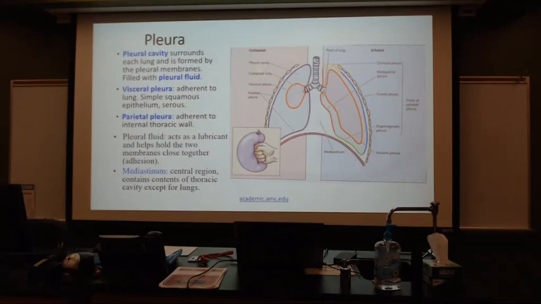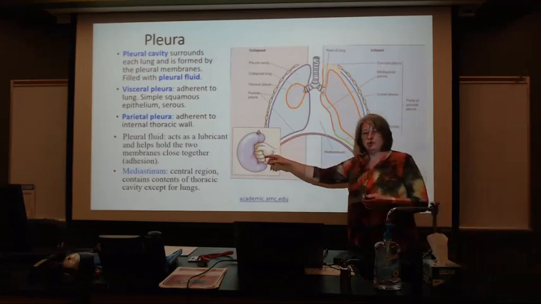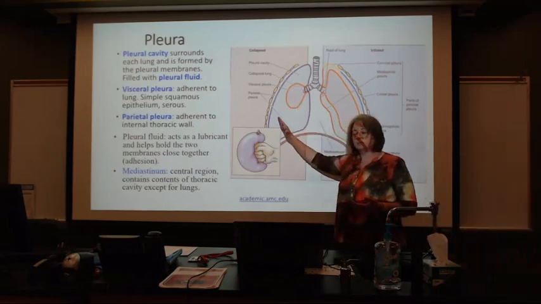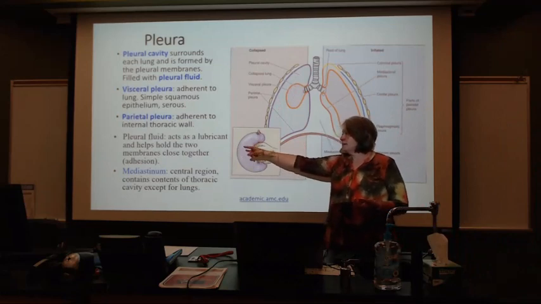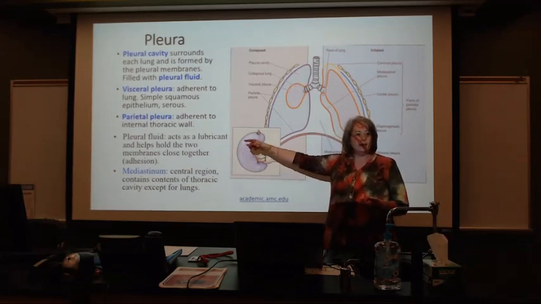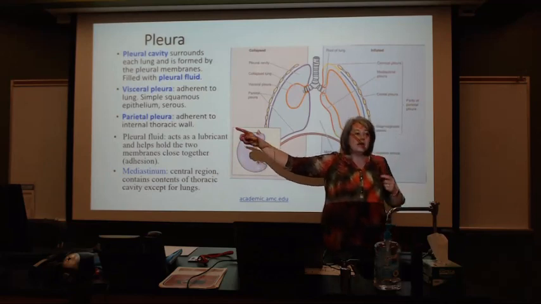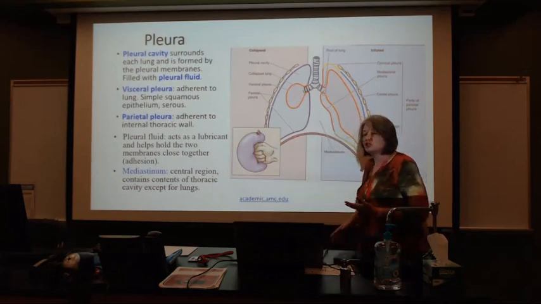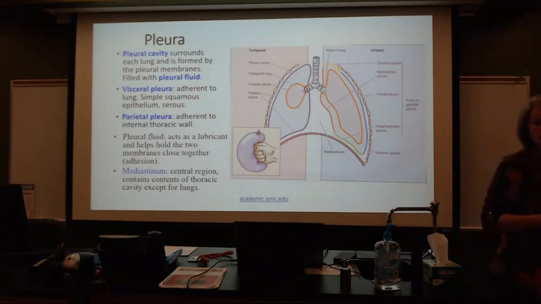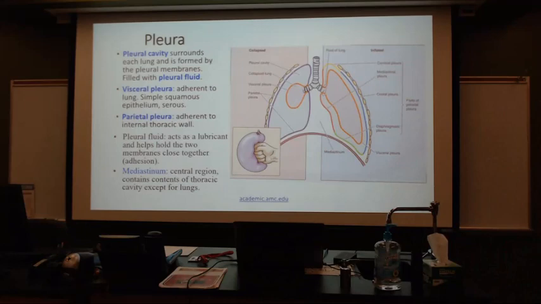So that pleural fluid that would be existing, like I keep saying, acts as a lubricant. In cases where children are born with respiratory distress, it's usually because this fluid is not present, and they can simply go in, give them a shot into that area, and basically give it fluid, and the children are usually okay.